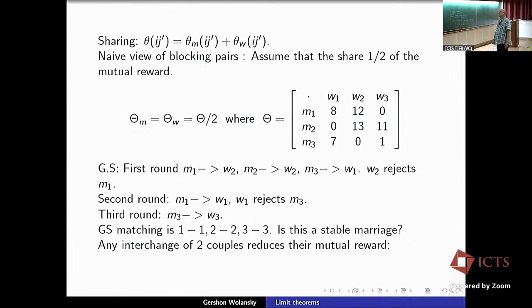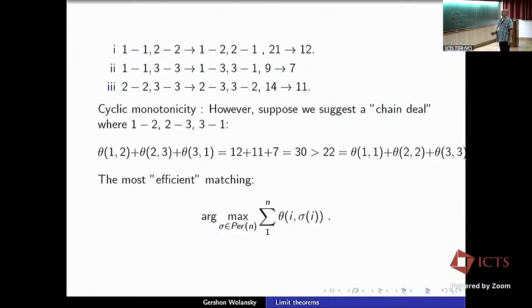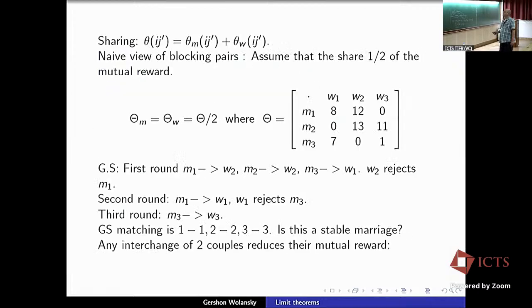But is it really stable? Well, we can try to interchange pairs. Suppose the first pair, man 1 and woman 1, and man 2 and woman 2 exchange their partners. So man 1 marries woman 2, and man 2 marries woman 1.